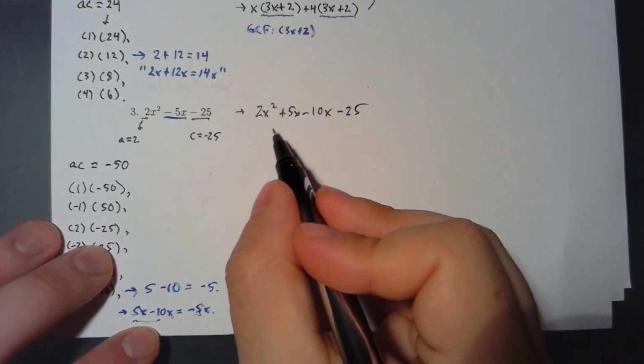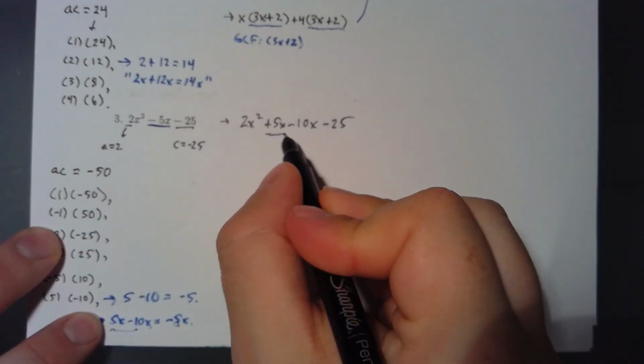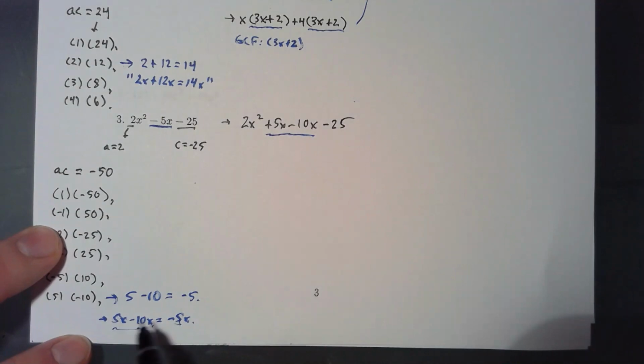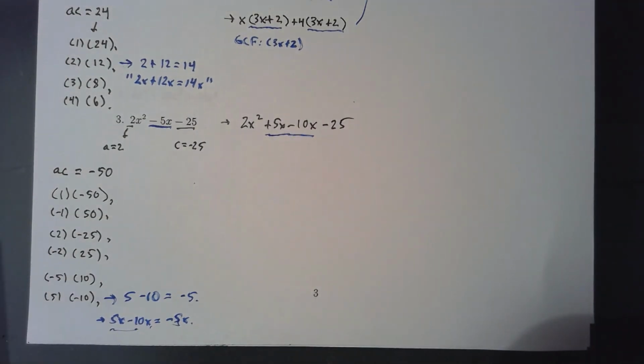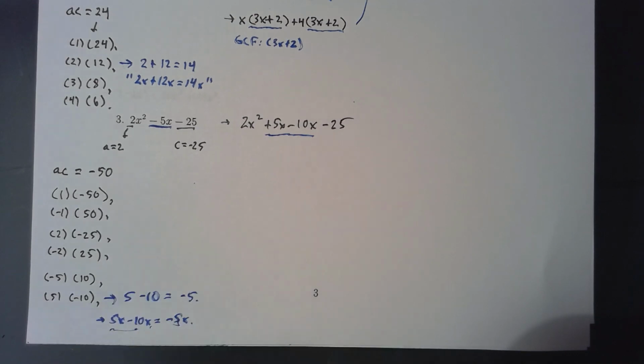So now I have a 4-term polynomial, right? This middle part right here is just an expression for negative 5x, which I got from the AC combination. Once you understand the process, it's pretty easy, I think.